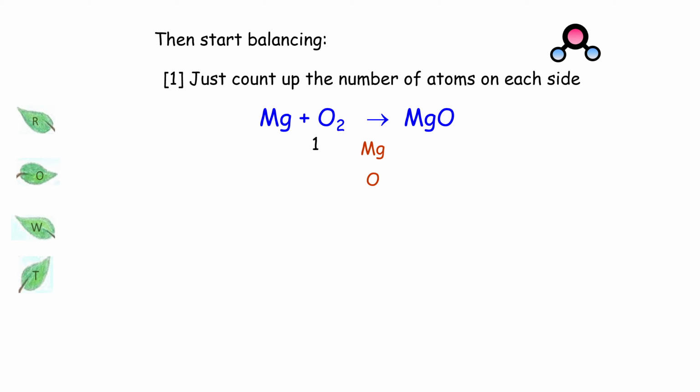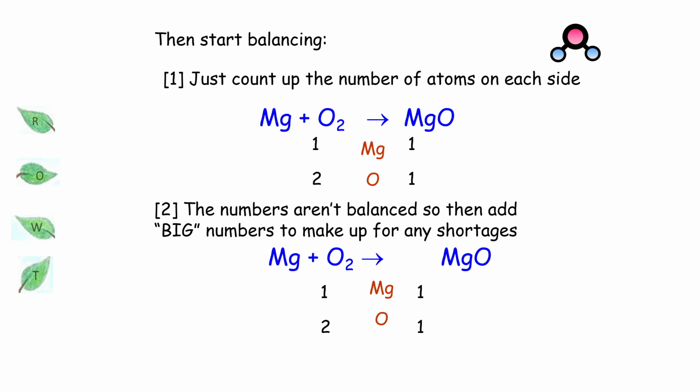Count up the number of atoms, which we did. We've got 1 magnesium on each side. How many oxygens do we have? Well, we've got 2 oxygens on the left side and we've got 1 oxygen on the right side. So what do we do? The numbers aren't balanced. So now we've got to add big numbers to make up for any shortages.